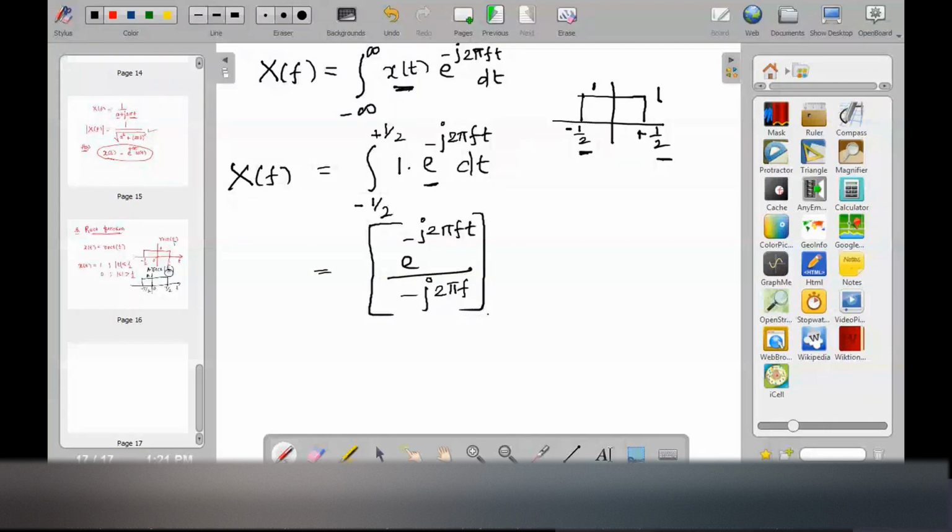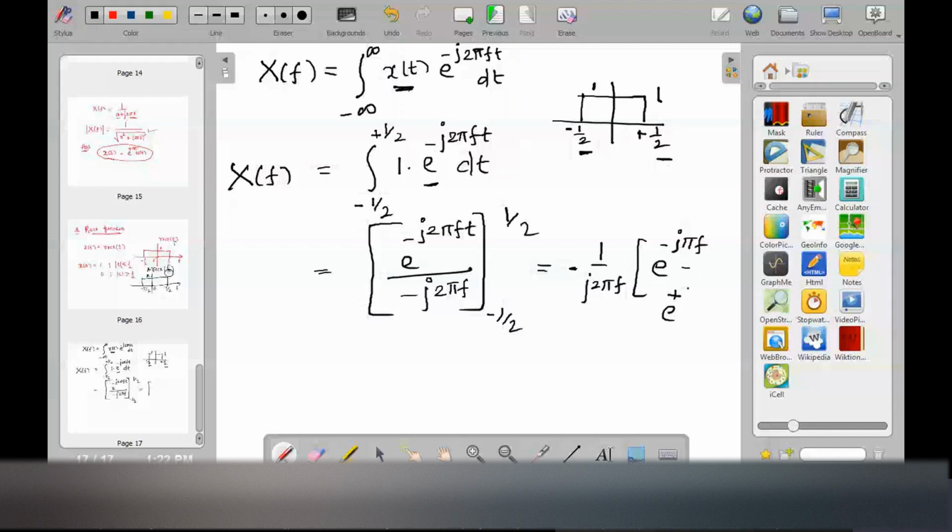If I simplify this, I will take minus 1 by j2 pi f outside, and apply e to the power of minus j2 pi f into 1 by 2 and plus 1 by 2. The 2 will get cancelled, and that will become e to the power of minus j pi f minus e to the power of plus j pi f.